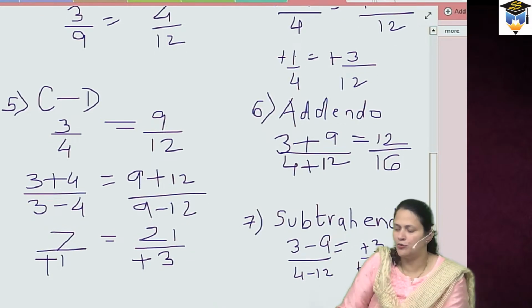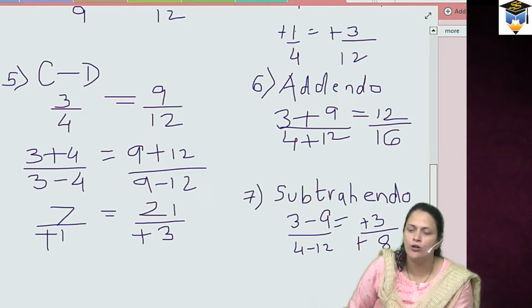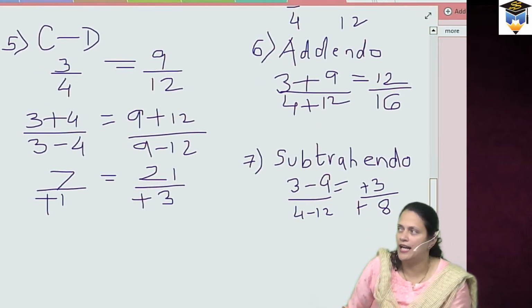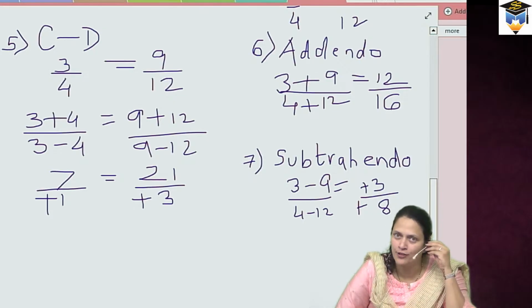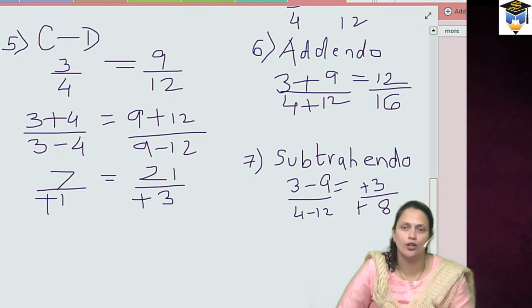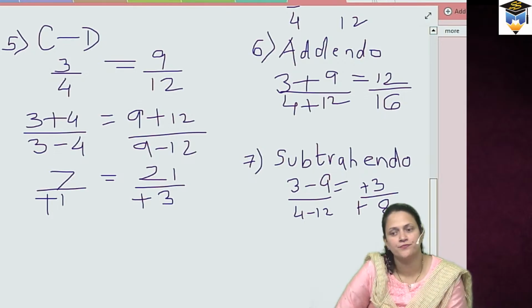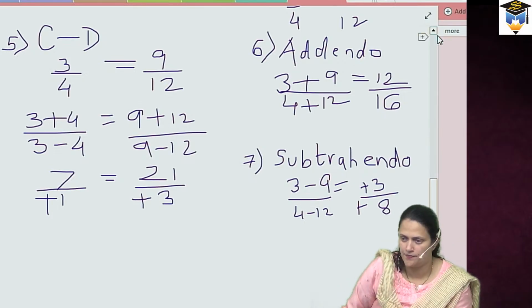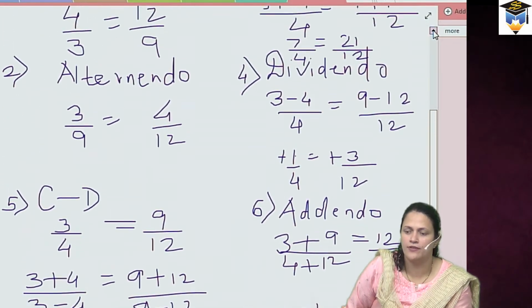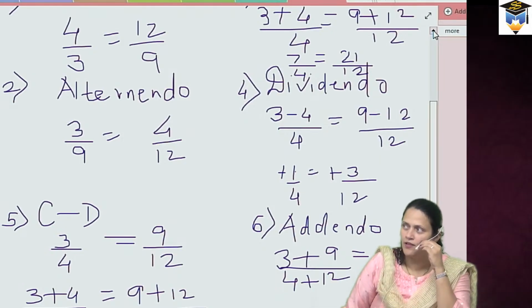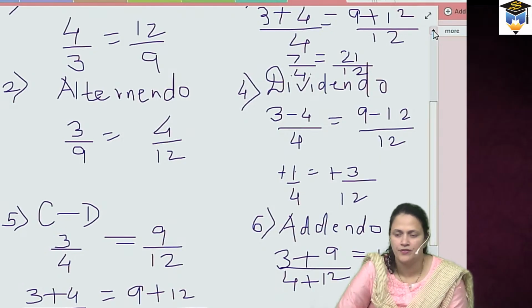okay, please write this down, all of you. I hope all the properties are clear. In addendo, we just add the numerators upon the denominators, and in subtrahendo, we are going to subtract the numerators and the denominators. This is dividendo. Write down these. These are very important properties which we are going to apply.